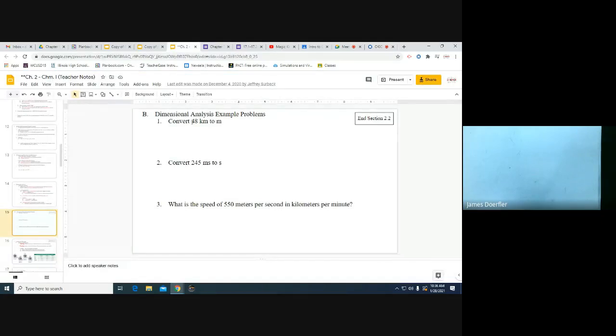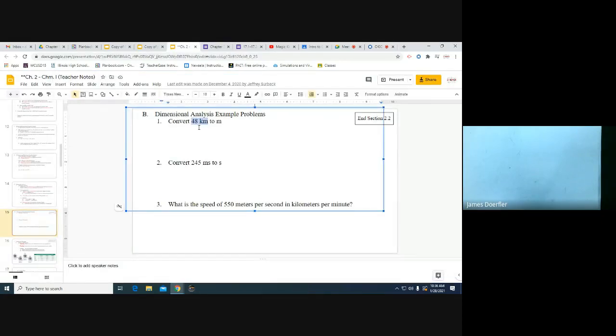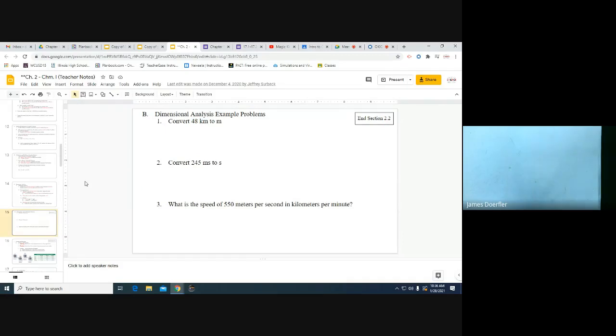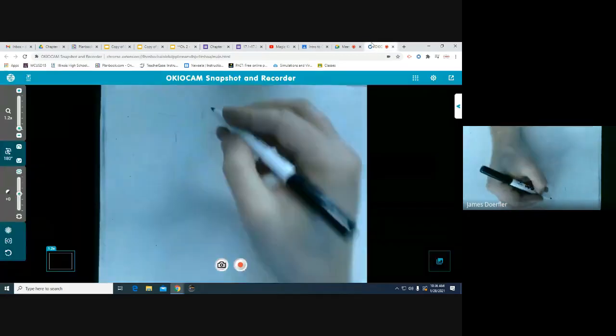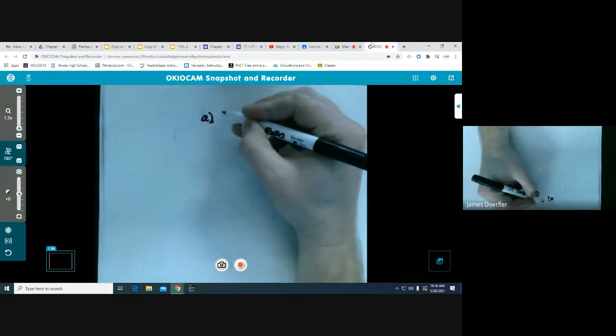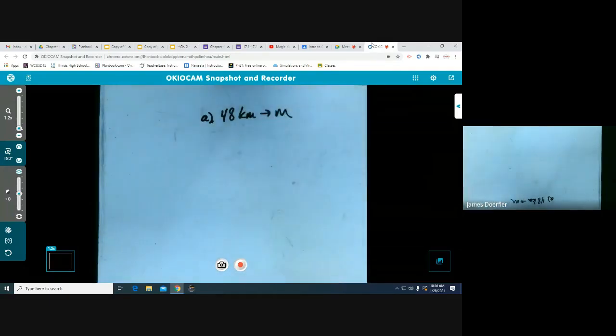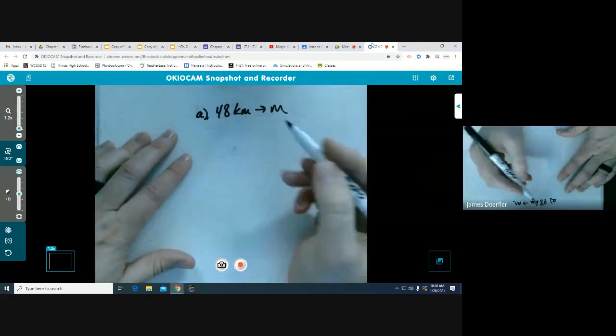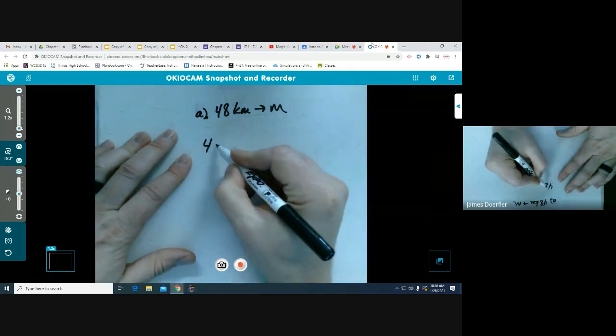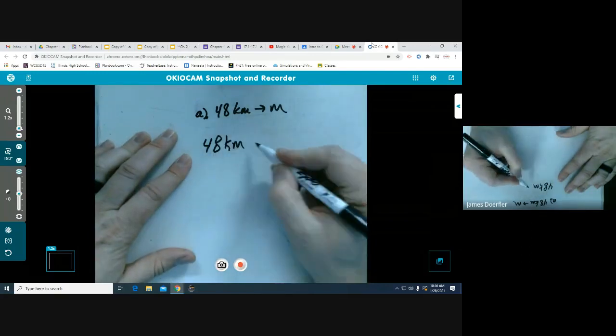So in this problem, 48 kilometers is what we're given, so that gets written first. We're going from 48 kilometers to meters. So let's solve this. Rewrite what we know, 48 kilometers.